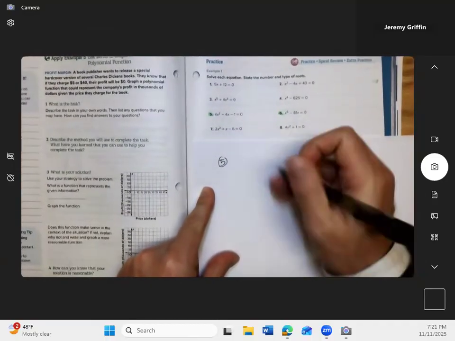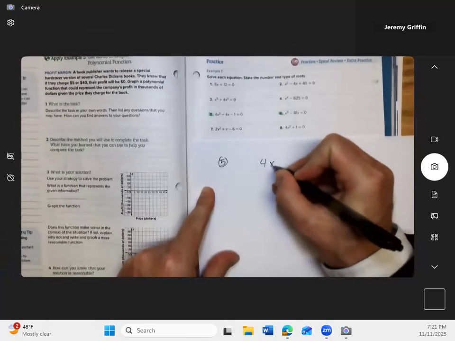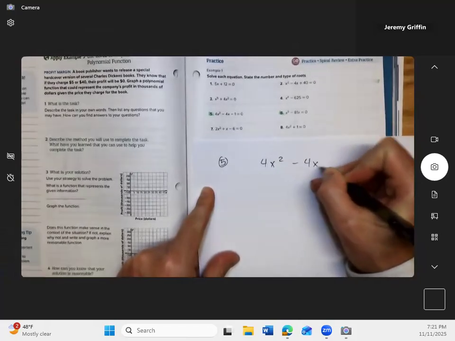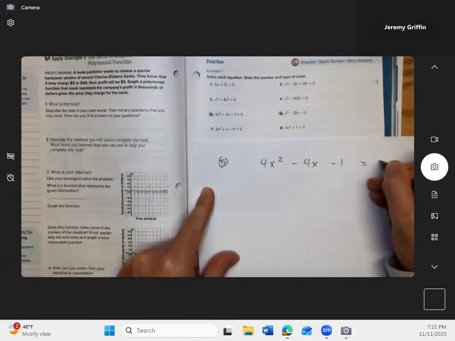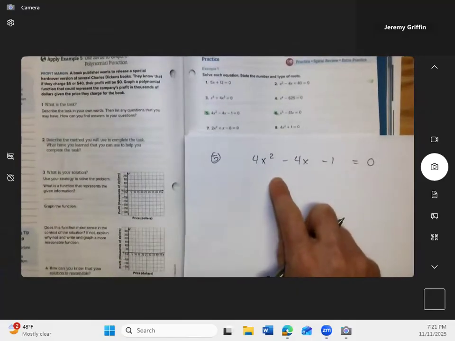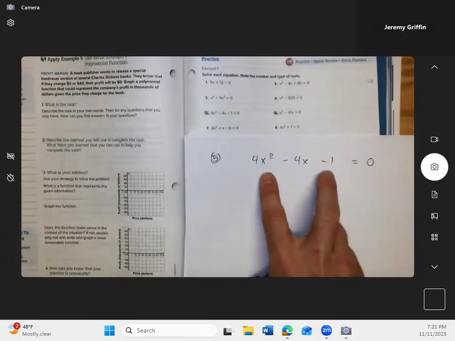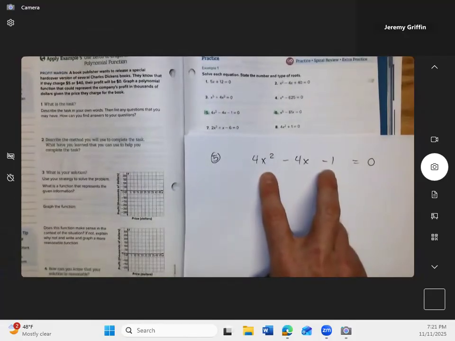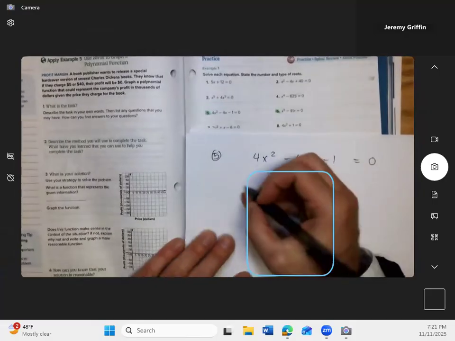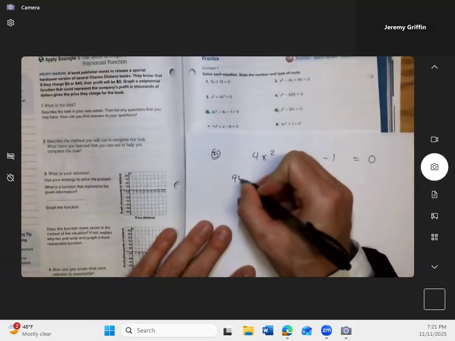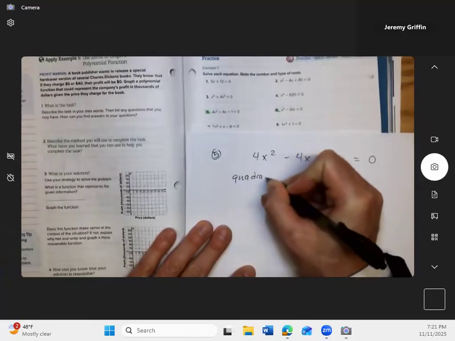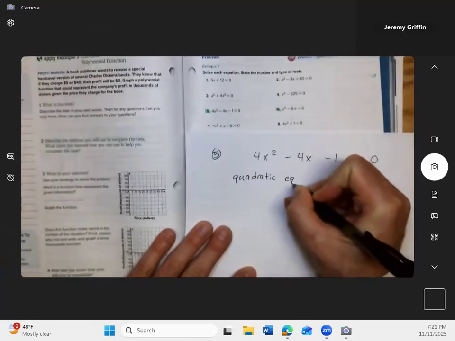We got 4x squared minus 4x minus 1 equal to 0. Now, nicely, I do see this one's quadratic, so I could solve this with the quadratic equation. Do we see an immediate way to factor this? Maybe not easily. I'll go ahead and use the quadratic equation.